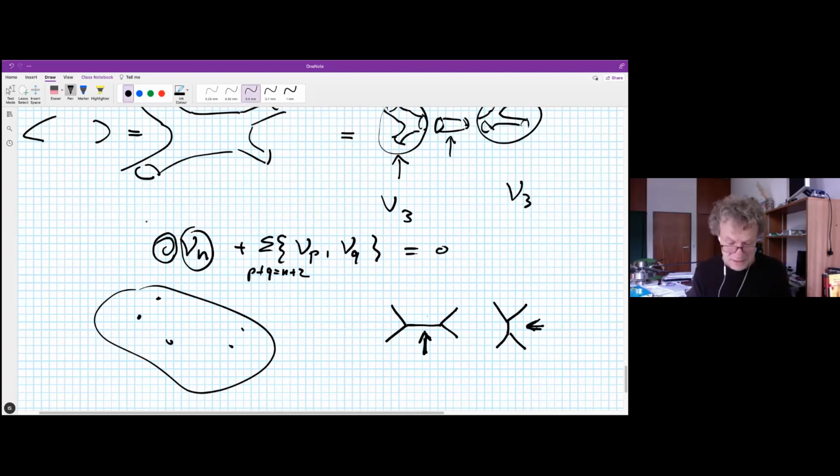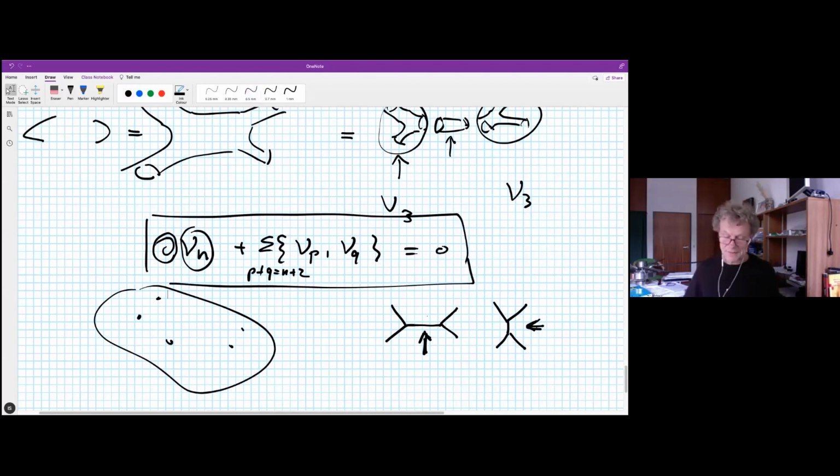So this is the content of this equation. And this just tells you that there is a consistent decomposition of the moduli space of spheres with n punctures into pants and tubes. And that actually is always possible. This is what's called the geometric BV equation.